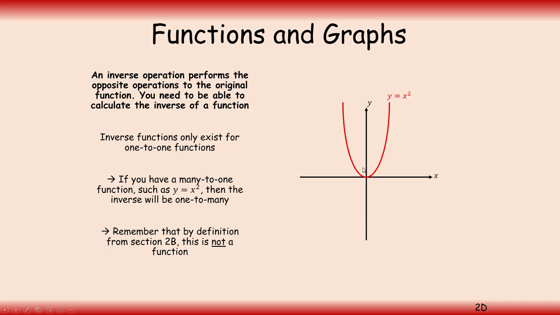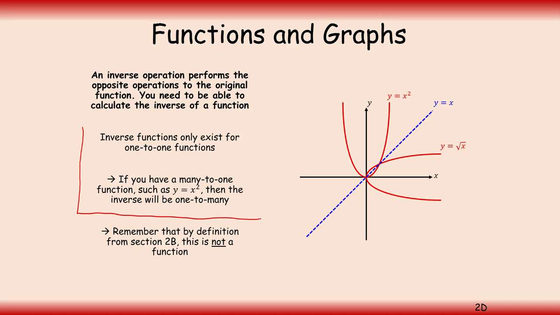If we graph our quadratic and its inverse, like such, it cannot exist because the inverse is a one-to-many. Any value of x will give you two values of y. We can't have that. So your notes will include this section.